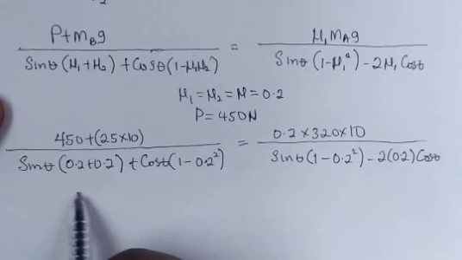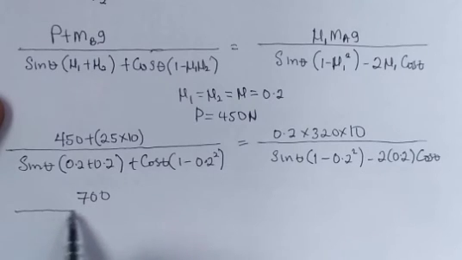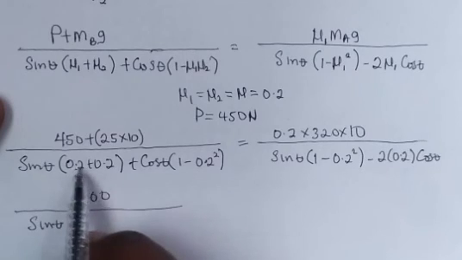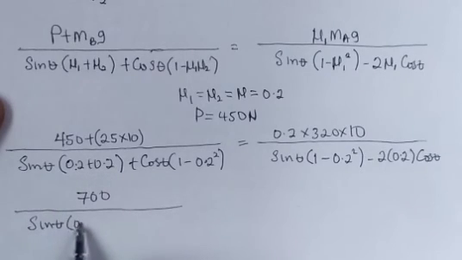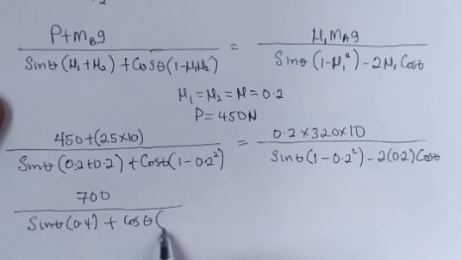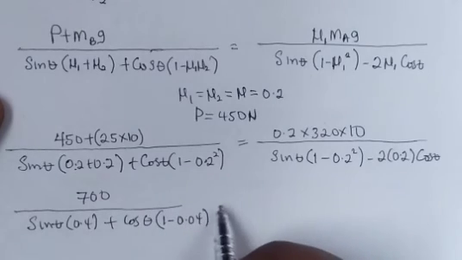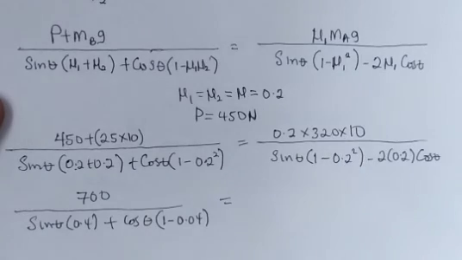So this will give me 700 all over sine theta. Now 0.2 plus 0.2 will give me 0.4 plus cos theta into bracket 0.2 square is, so that will give us 0.04. So we have 1 minus 0.04 equals to, if you multiply all this, 3200 times 0.2, that will give us 640.